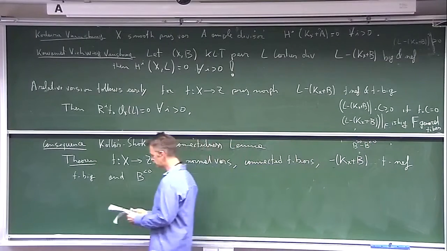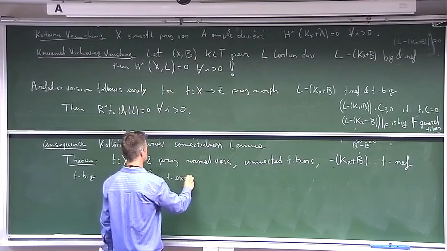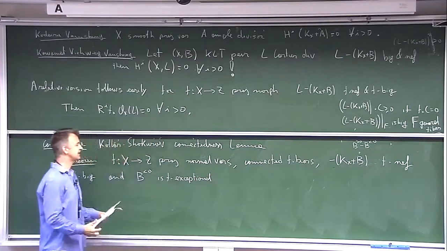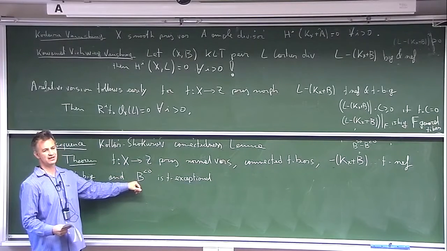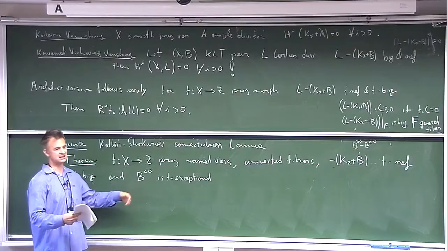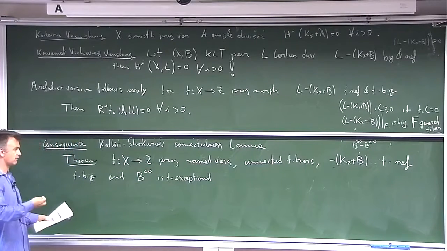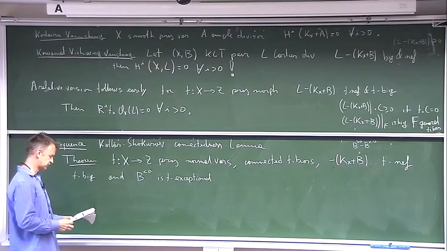I'm going to assume that this is f-exceptional. I could even state it without the B, but it's actually much easier to prove if you state it this way. So the more complicated statement makes it easier to prove. You can ignore this for the time being if you want. Just a pair with positive coefficients, which is f-nef, so a relative Fano situation.